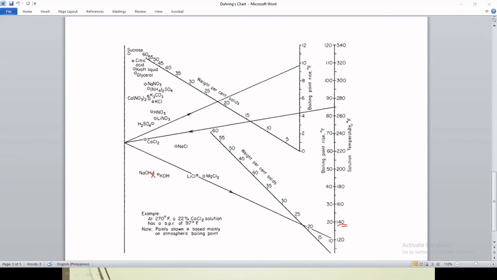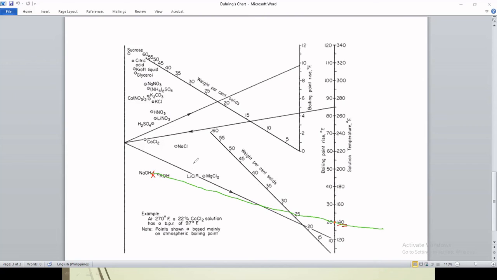Careful, this one is for solution temperature and this is already the boiling point rise. So from the 140 here, you use your straight edge, your ruler, and you connect this dot here, which is your NaOH. Just connect it here. Let's say that's your connection line.